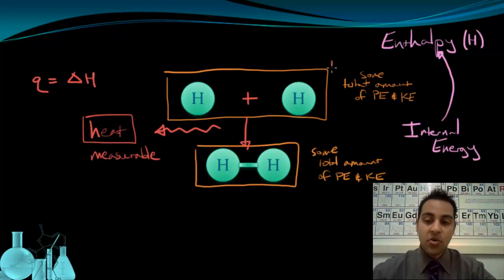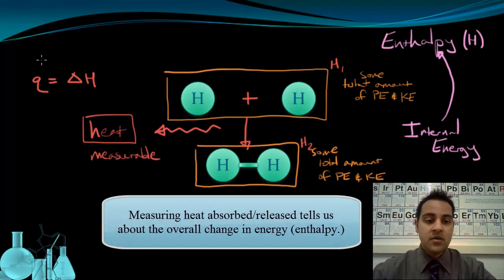So I have some total enthalpy up here, we'll call it H1. I have some total energy down here, H2. The difference between them in terms of energy, joules, is equal to the heat that's released when the bond is formed. So this is a really useful idea, that at constant pressure, the heat that's absorbed or released is equal to the change in enthalpy, the change in total internal energy of the two states.